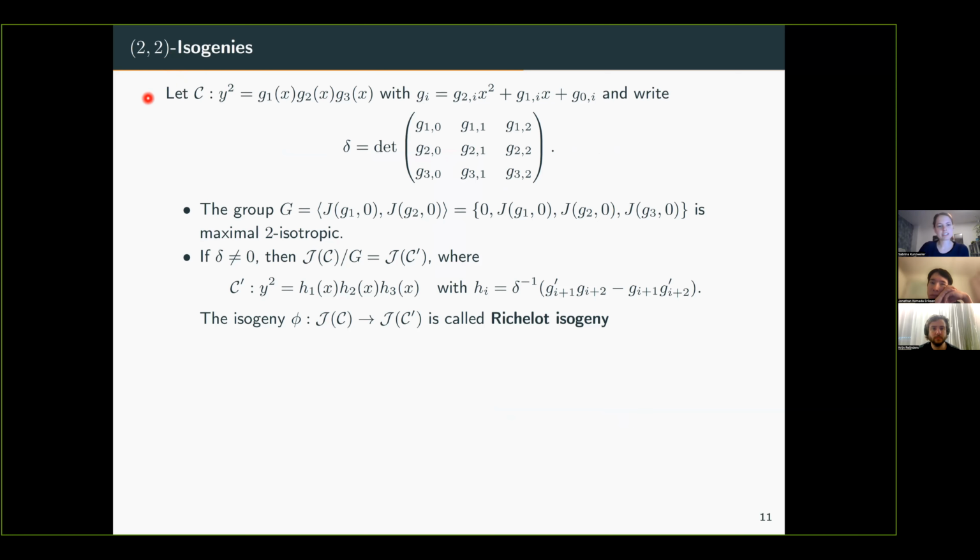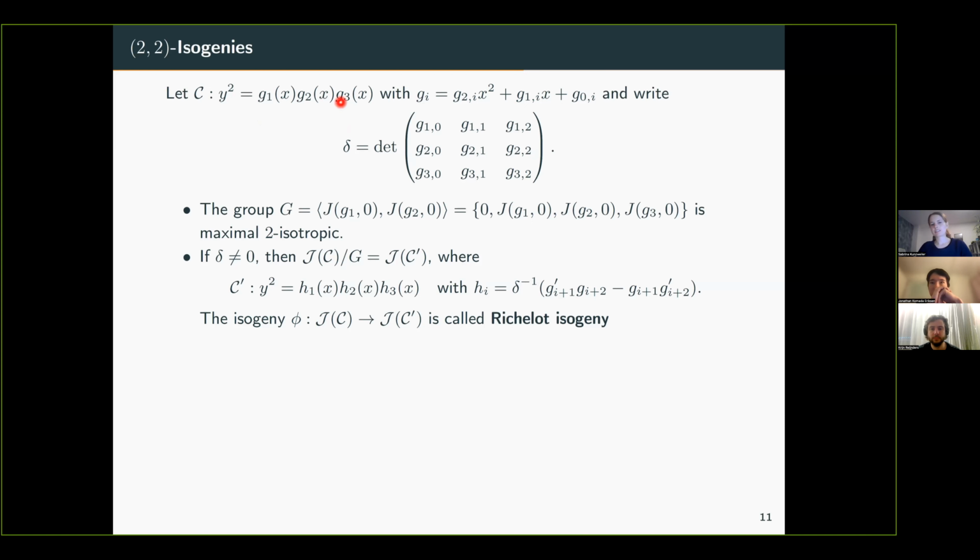So maybe first, we have some hyperelliptic curve, y squared equals f of x. And here I've fixed a quadratic splitting of this polynomial f of x. So f is the product of g1, g2, and g3. And this splitting of the polynomial f actually defines the 2-isogeny that we want to look at. That has to do with what I explained before, that to find such a maximal isotropic subgroup, one has to consider pairs of Weierstrass points that are pairwise disjoint.